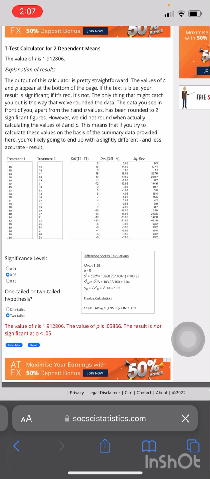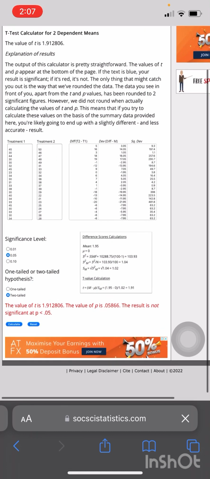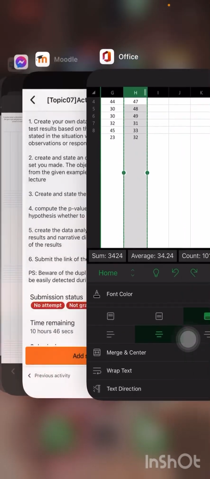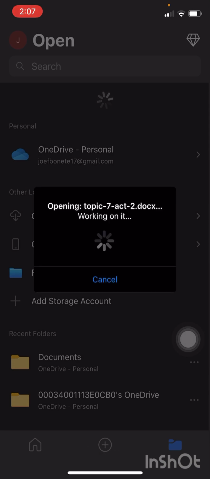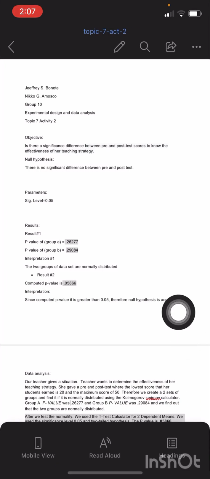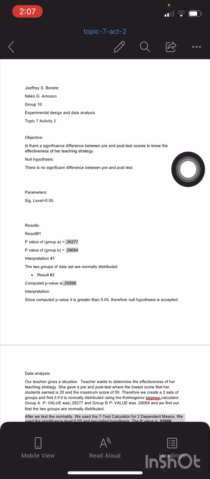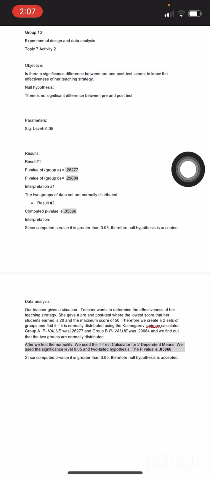So we will proceed to the next step, which is the data analysis. Our teacher gives a situation.